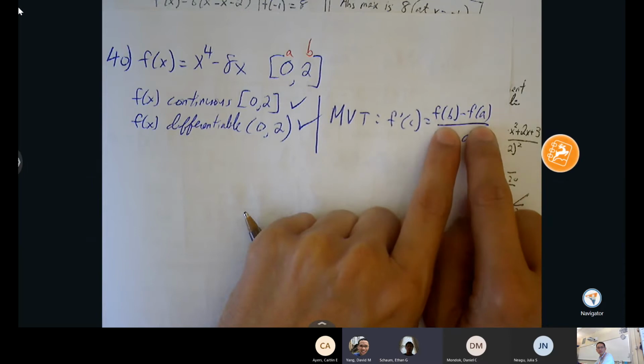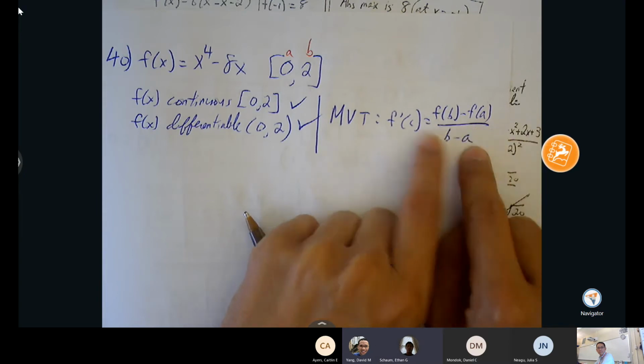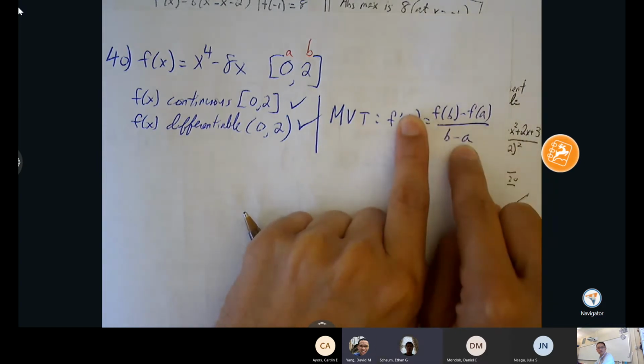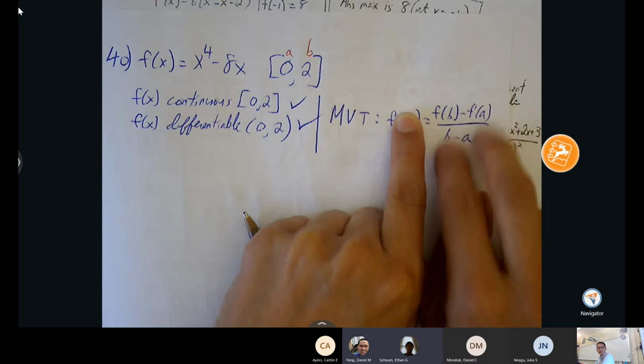Yeah, that's it. Just find the y values. So how would you find the y values? You plug them in. Yeah. And after you find the y values, what is this formula telling us to find? The slope. That's right, slope.